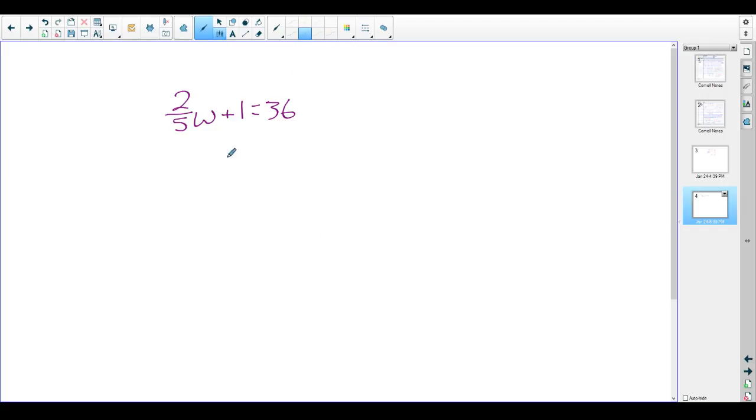So our first step would be to get rid of the plus or minus. We'd get rid of plus 1. Feel like a better student. That's good. That's why we're here. Tell your friends. We can all be better students. We get rid of this plus 1. 36 minus 1, that's 35.